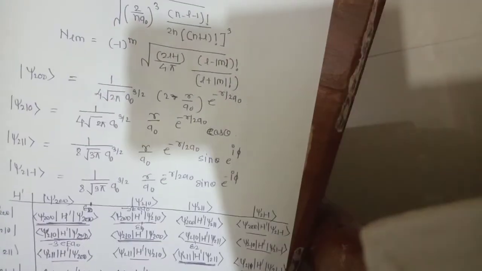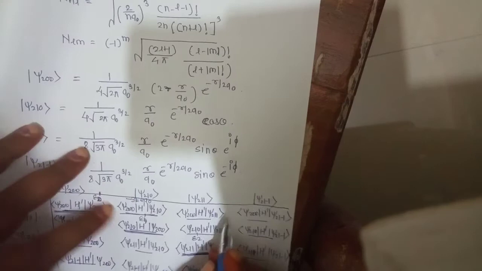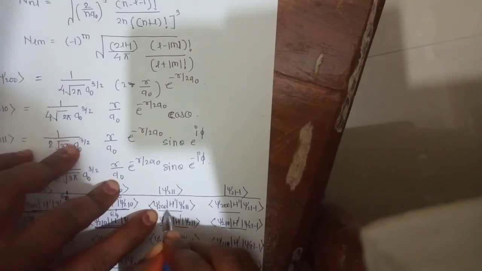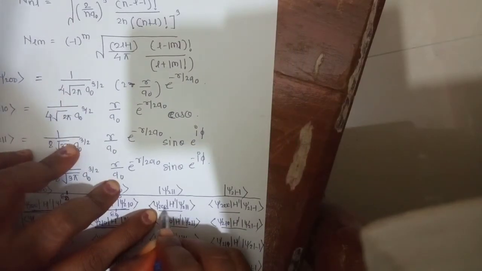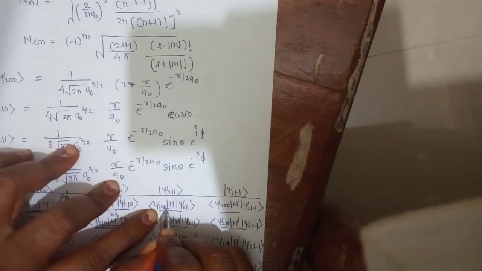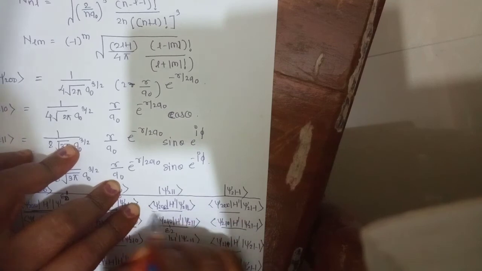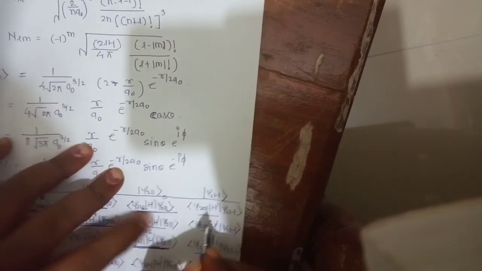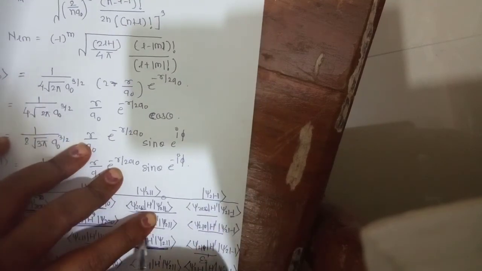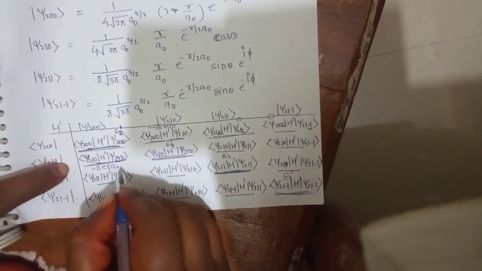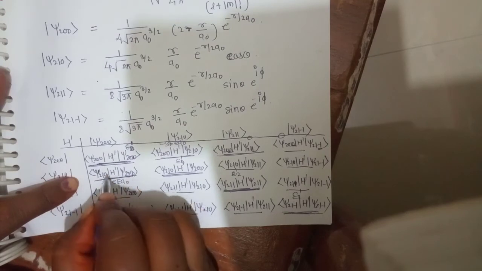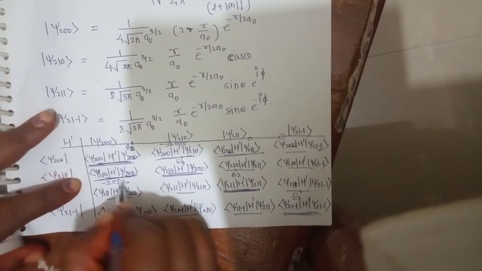So first here, it's nlm, m value equal to 0 and its m value is plus 1, so it will directly become 0. Again look at here, its m value 0, it's minus 1, it will again become 0. Again here its m value becomes equal, so we have calculated.